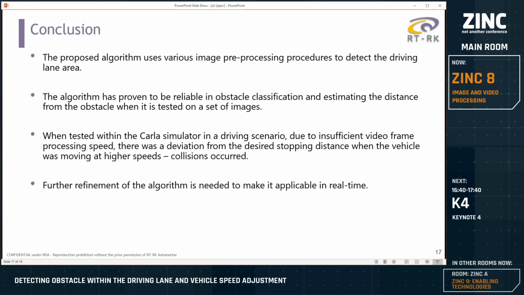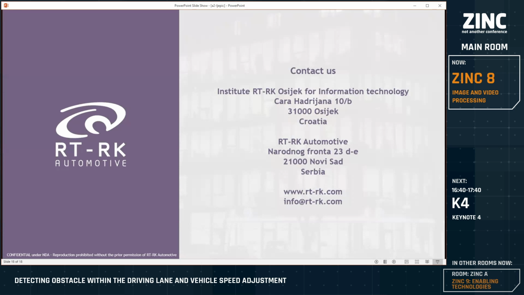When we have higher speeds, we have a collision with the obstacle. Because of that, we need further refinement of the algorithm to make it applicable in real time. That will be it from my presentation. If you have some questions, please ask.